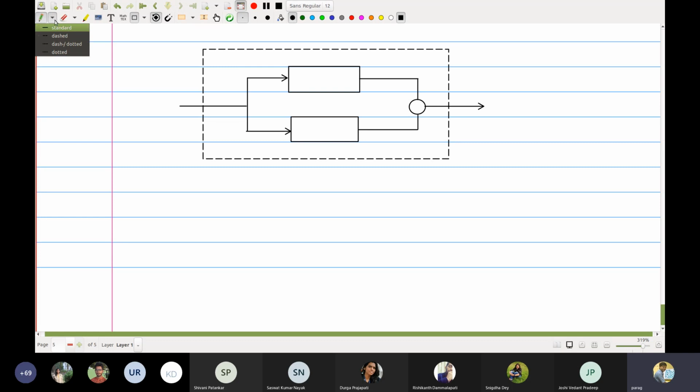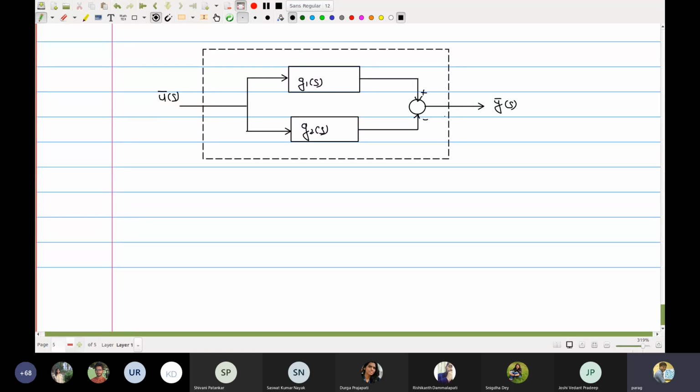You have an input, this is U bar of S. You have an output, which is Y bar of S. And then your individual transfer functions are G1 of S and G2 of S. Now, what is the effect of these individual components? The effect of the first component is to amplify the signal, whereas the effect of the second component is to do the reverse, to suppress the signal.